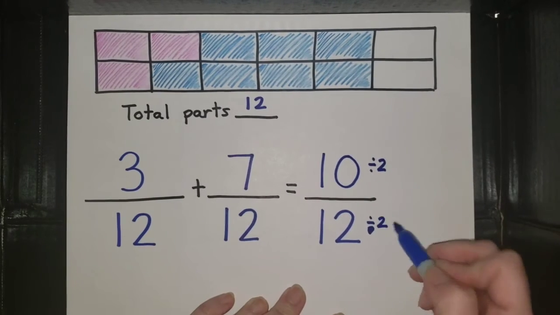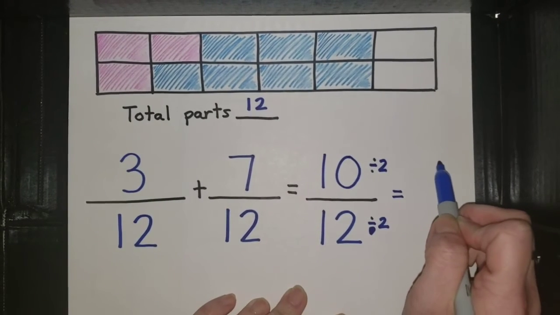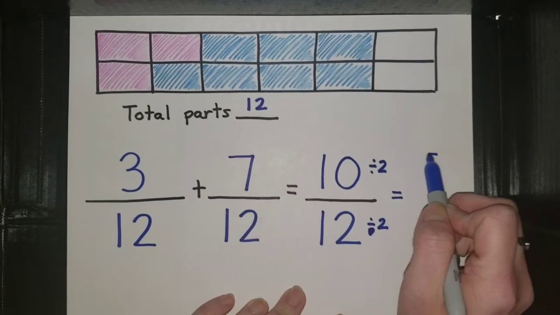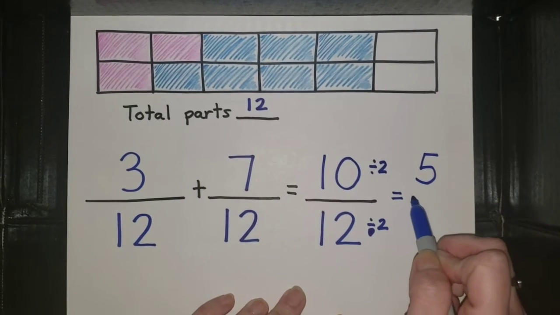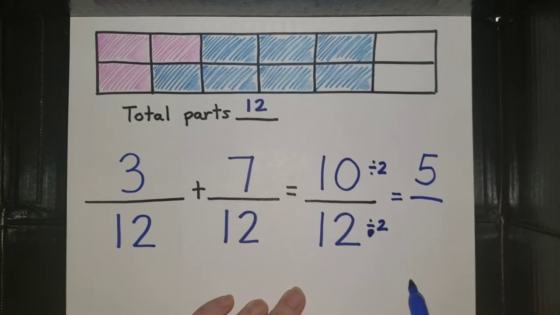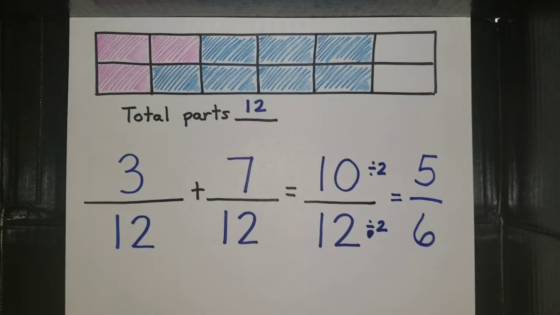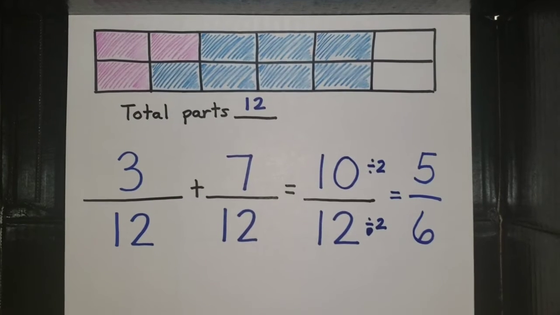I did it again. 10 divided by 2 is 5. Good job. And 12 divided by 2 is 6. Fabulous. So 10/12 becomes 5/6.